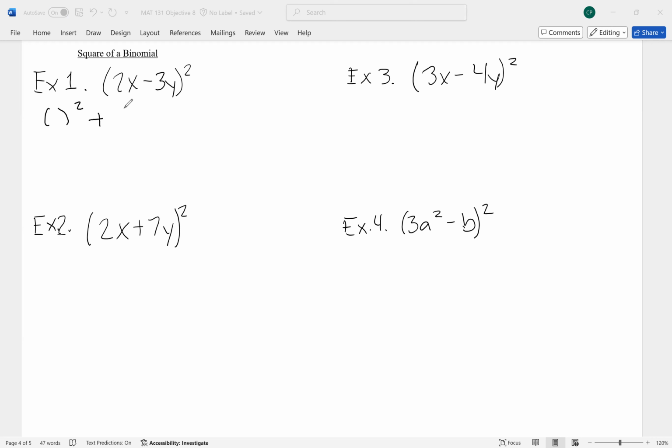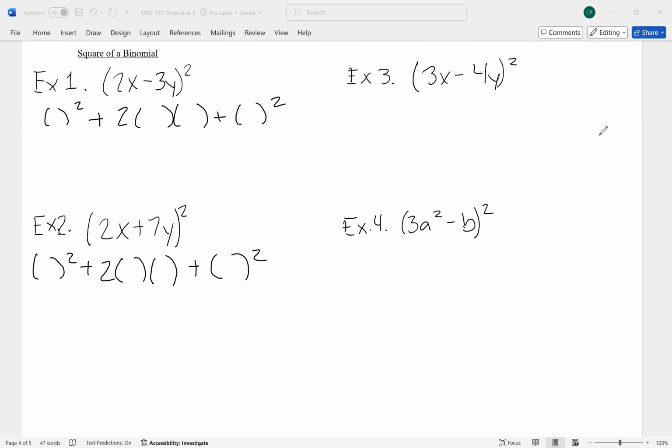Then we're going to have 2 times the two terms. And then we're going to have that last term squared. Okay, so this will be your kind of formula that you would use to plug in every time. So I'm just going to go ahead and write that.